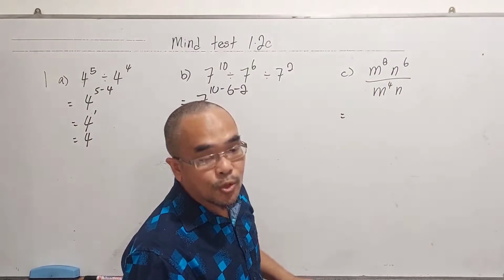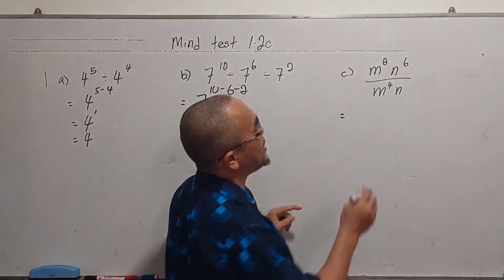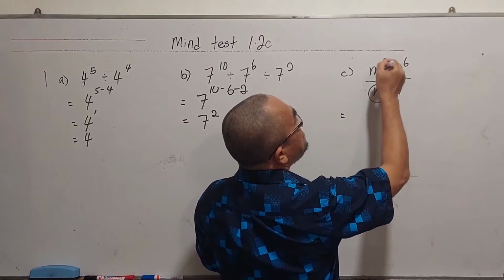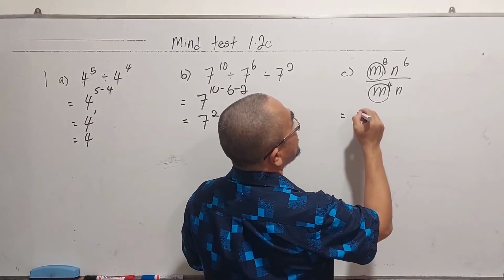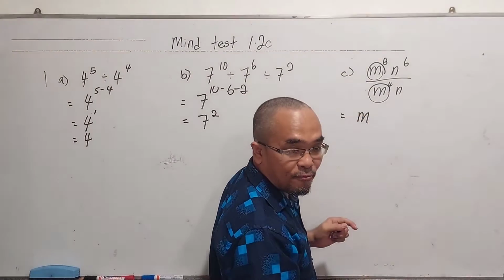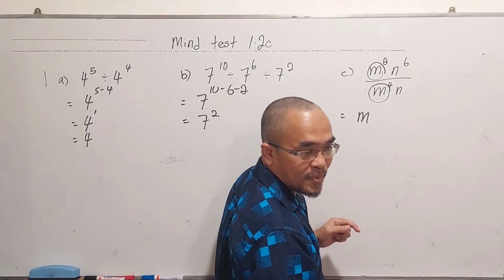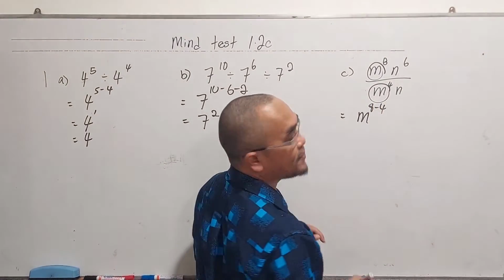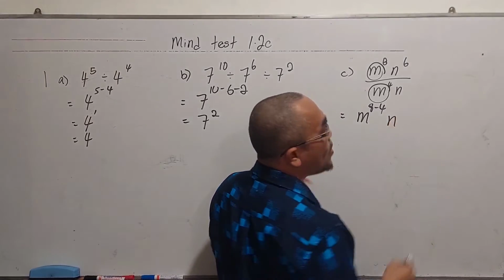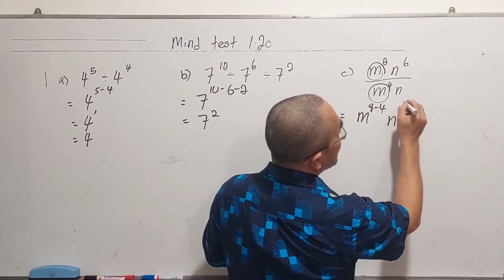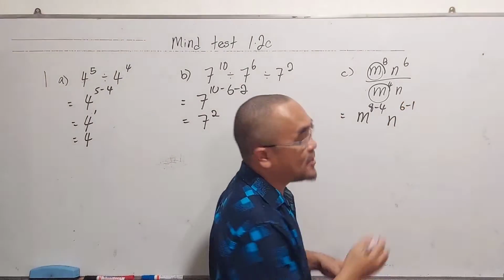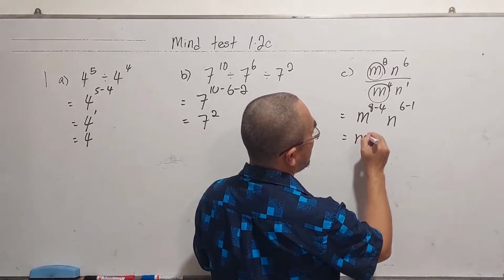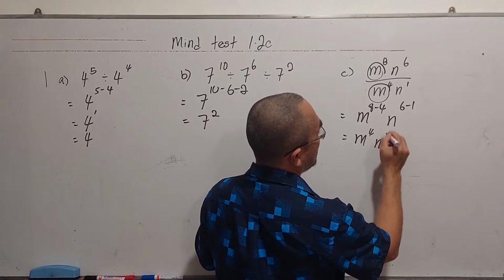Make sure that you have the same base to play with the index here. So m to the power of 8 minus 4, and n to the power of 6 minus 1, because this is 1. So it becomes m to the power of 4, n to the power of 5.